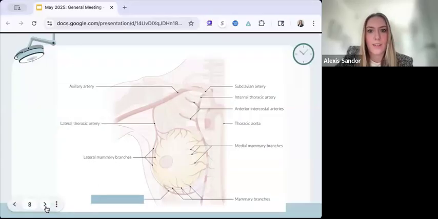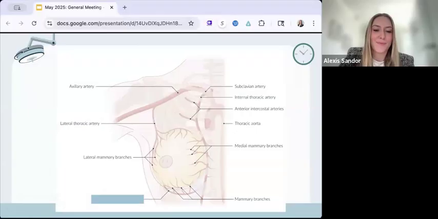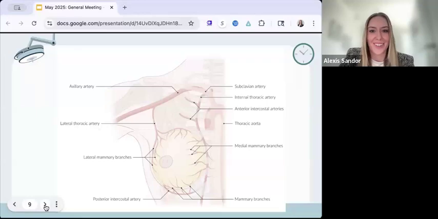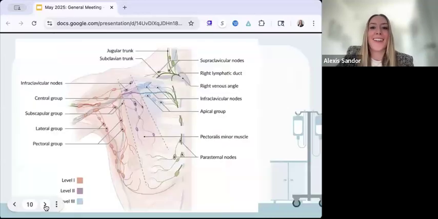Let's see. That's correct. Lateral thoracic artery. And then this final one down here. I know you guys can do it. You've been killing it so far. Is that just an intercostal? It is a posterior intercostal artery. Great job. That was awesome, guys.